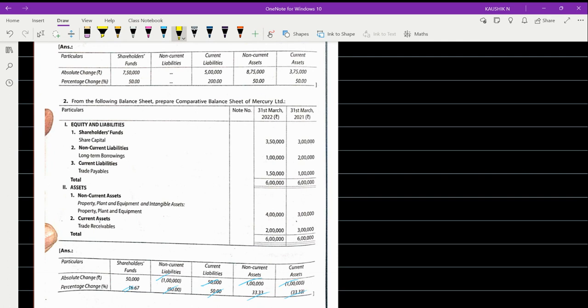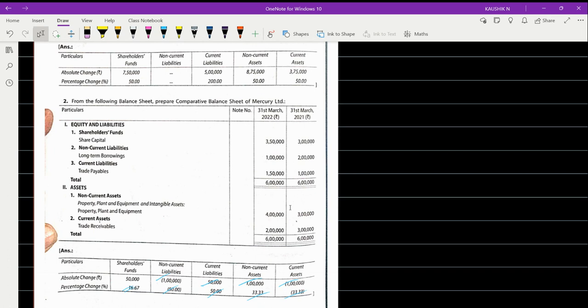Can anyone read the question? Second one. From the following balance sheet, prepare a comparative balance sheet of Mercury Limited. So what have they given you? They've given you a balance sheet of a company called Mercury Limited. And what information do you have as a heading? Just as a heading, nothing else: particulars, note number, and dates.